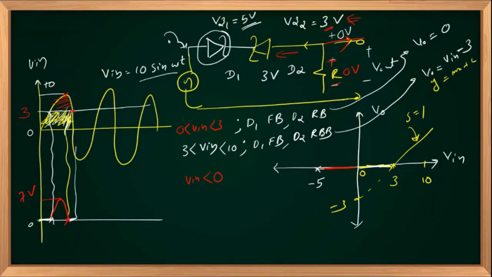And what about the status of D2? When V in is negative, this breaks down. Your D2 will be in forward biased condition because D2 was connected like this.